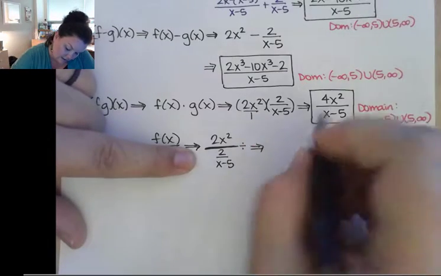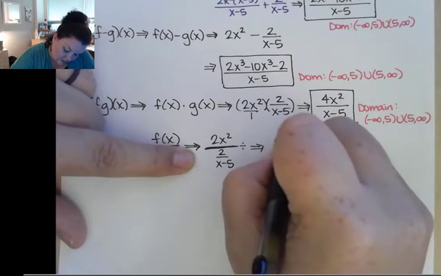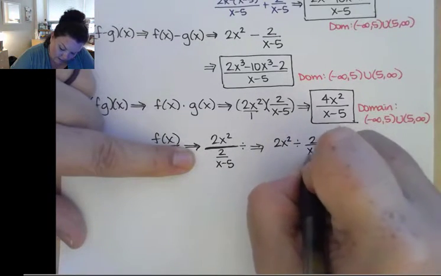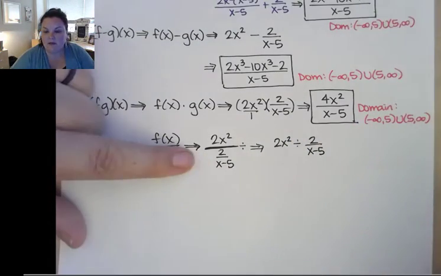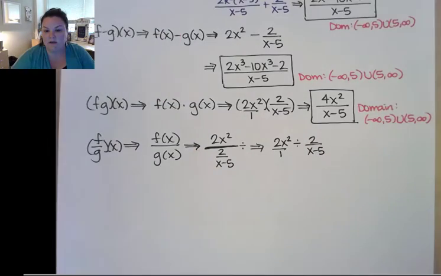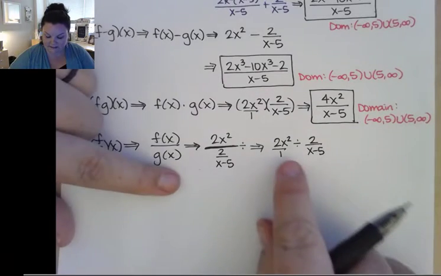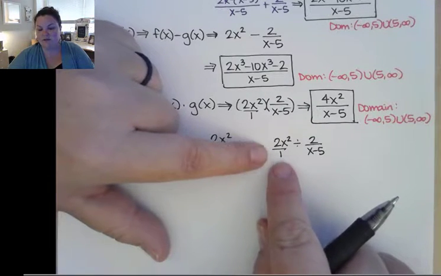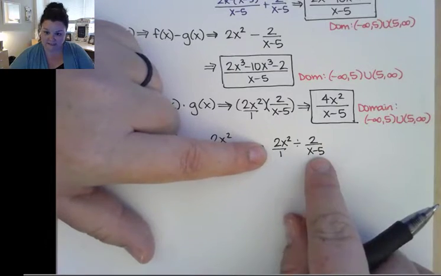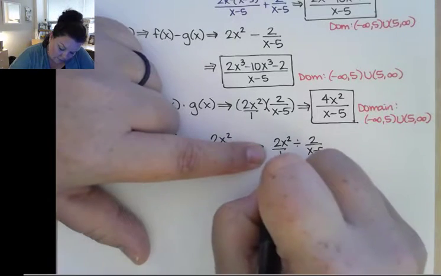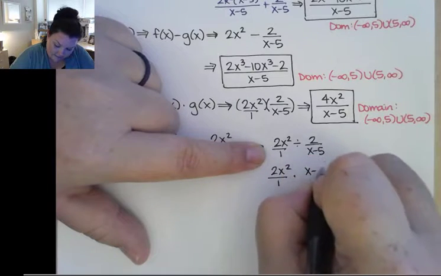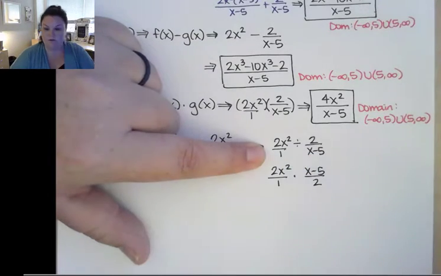So I'm going to say this is the same thing as 2x squared divided by 2 over x minus 5. Right? And since we're dealing with a fraction, I'm going to put my 2x squared over 1. Now remember, when we divide fractions, we multiply by the reciprocal of the second. So this becomes 2x squared over 1 times x minus 5 over 2.